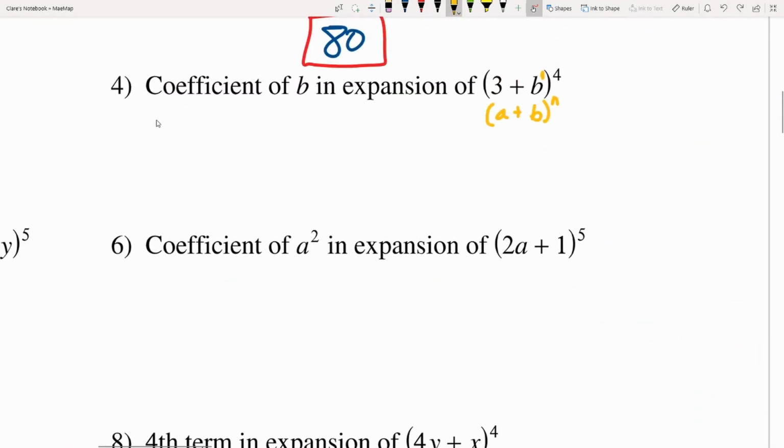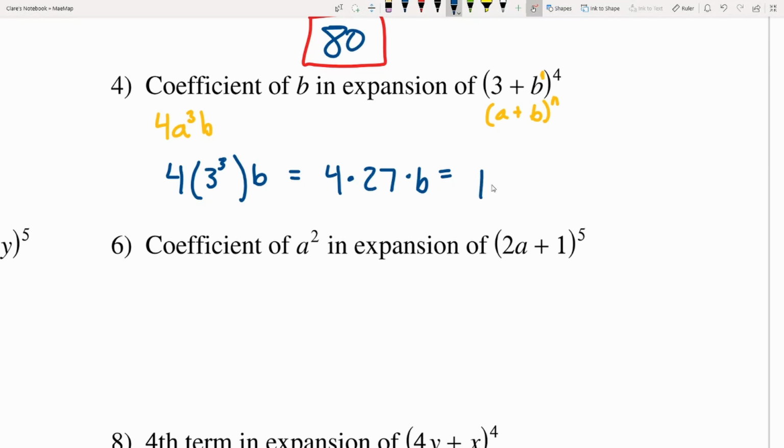Writing that down and filling everything in: 4, a is 3, so times 3 cubed times b. 4 times 3 cubed is 27 times b. 4 times 27 is going to be 108. So 108 is the coefficient of b, so 108 is our solution in number 4.